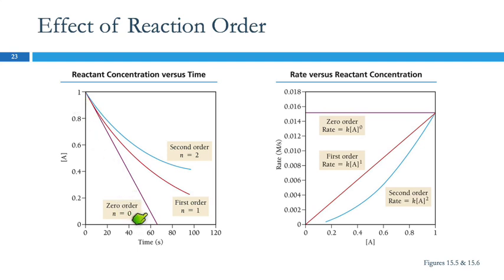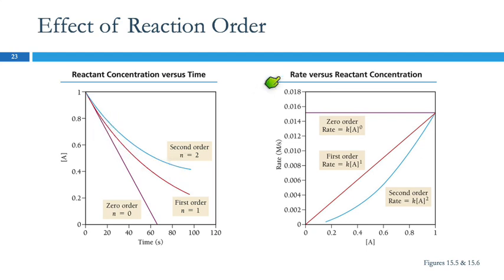So we're going to have a straight line, because the slope of this line is the rate of the reaction. For first order, the concentration will be a curve like this, because the reaction slows down as time goes on. And for second order, it's going to curve even more.